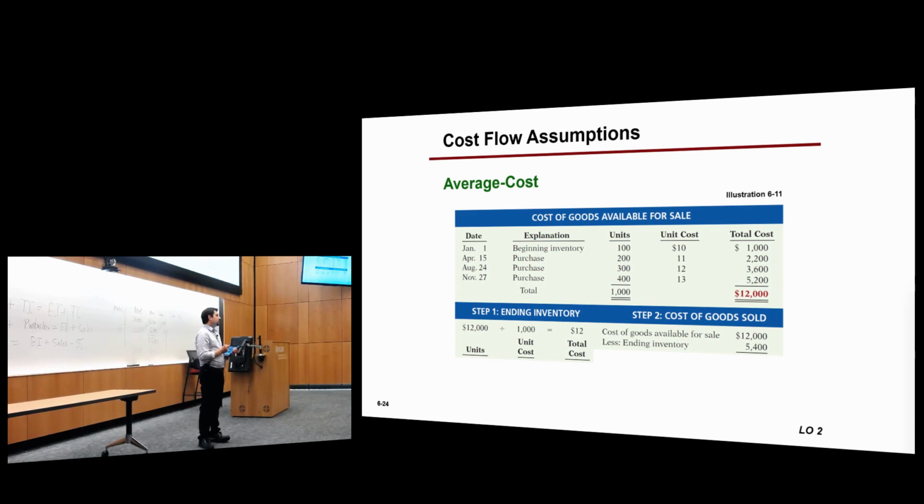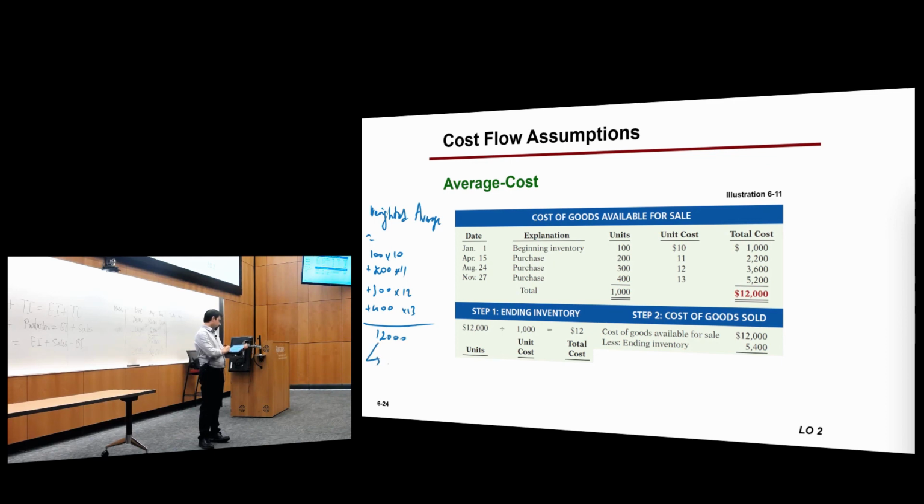So in this case, you have to calculate first the weighted average, which will be equal to 100 multiplied by 10 plus 200 multiplied by 11 plus 300 multiplied by 12 plus 400 multiplied by 13. What would that amount be? 12,000. So this is 12,000.